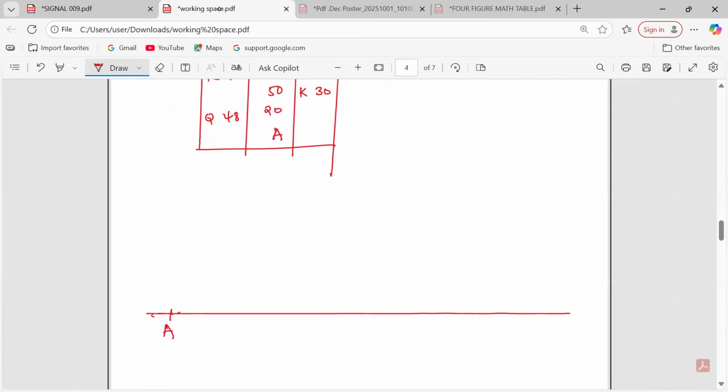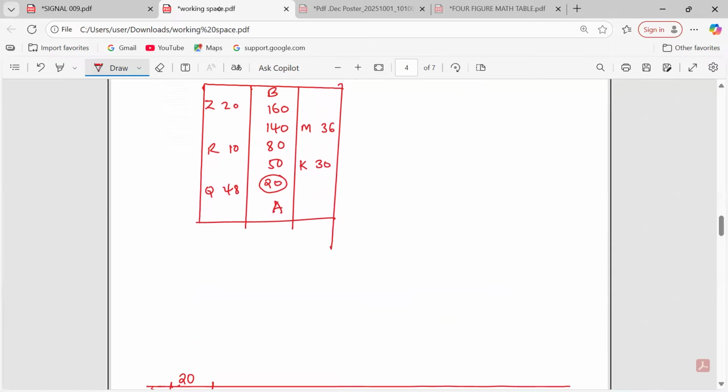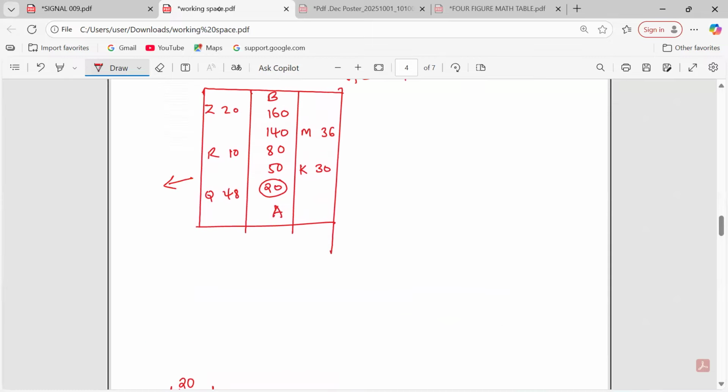Then you just mark off a beginning point, and that becomes our A. Then you say from A, along the baseline, we measure 20. I'm just estimating the length, ladies and gentlemen. Once we measure 20, you can choose the left hand side to be down, then the right one to be on the upper side.